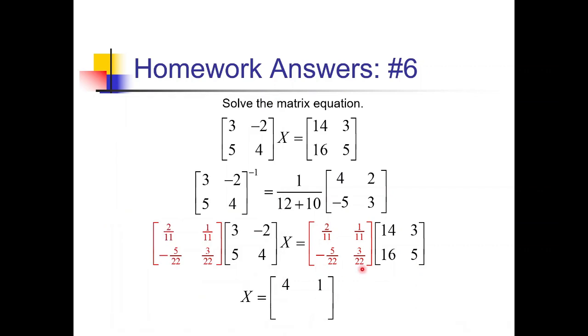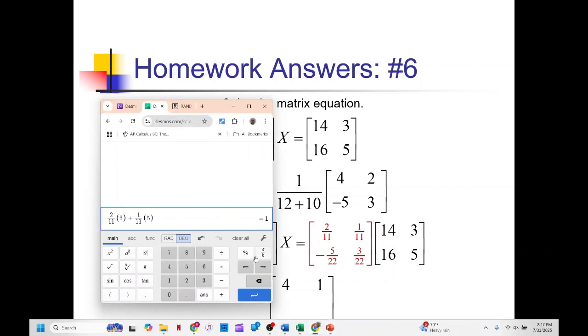Next, let me do the second row times each column. So I've got negative 5 over 22 times 14, right? 14. And then we have 3 plus 3 over 22 times 16. And that all comes out to negative 1.